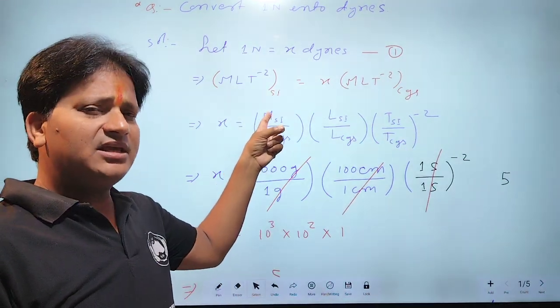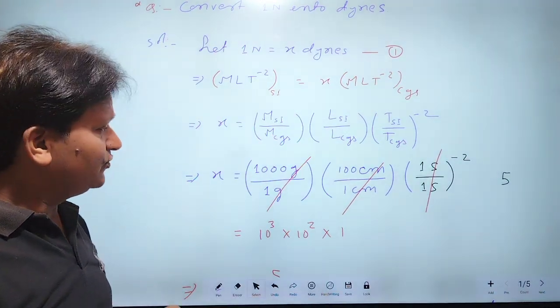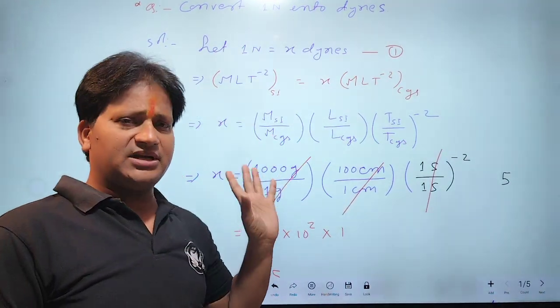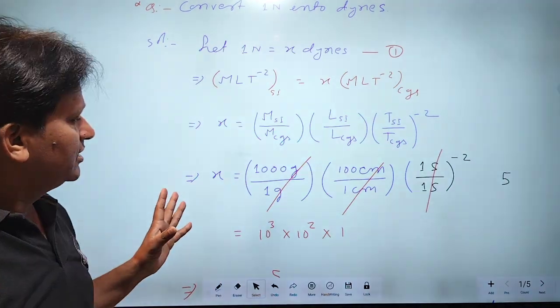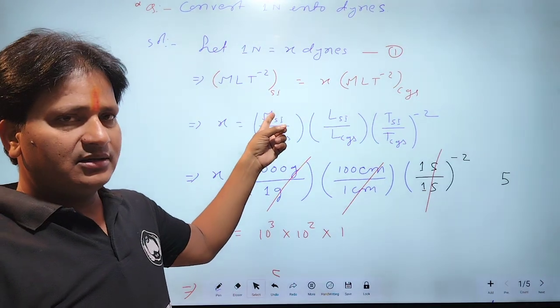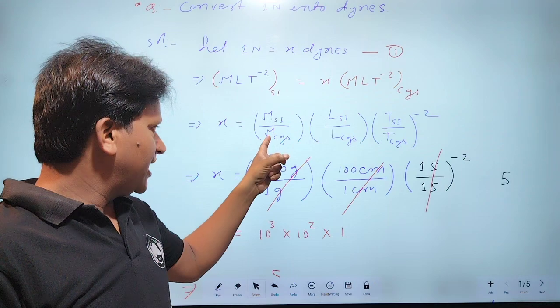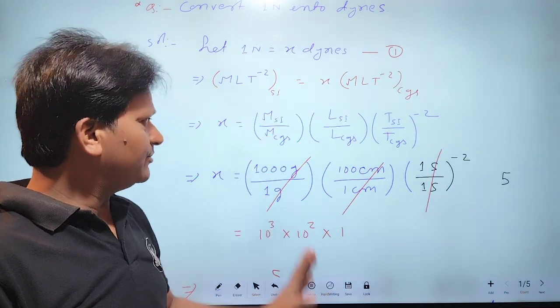This is SI unit 1 kg. 1 kg will be equal to 1000 gram. Therefore, I can write here 1000 gram and I can write here 1 gram.